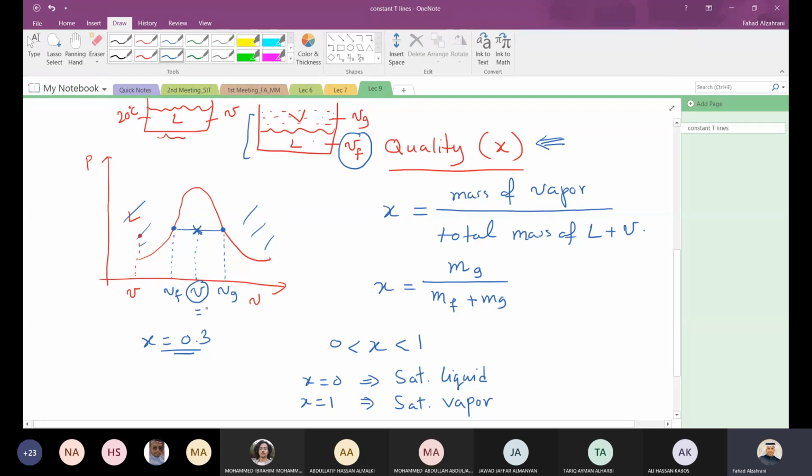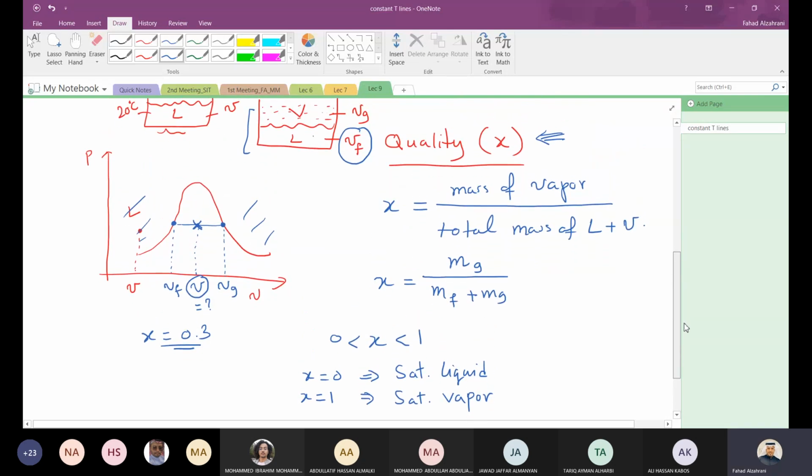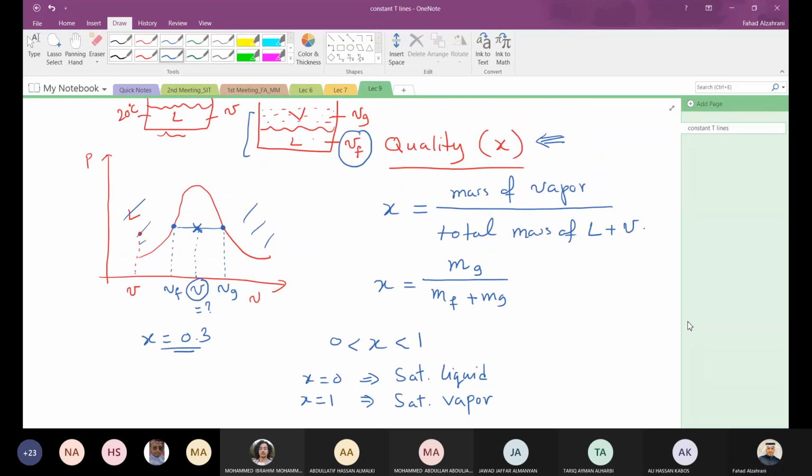We need an equation that gives us an average specific volume for the mixture. Let's derive this relation. Is the question clear? The 100% liquid is saturated liquid VF and the saturated vapor is VG. If I am in the middle, with a percentage of liquid and a percentage of vapor, what is the total specific volume?